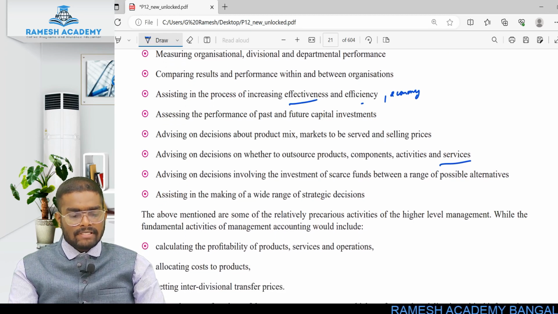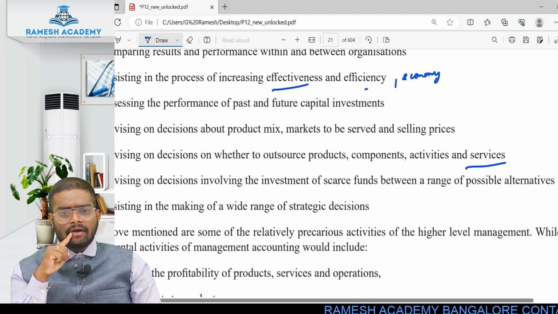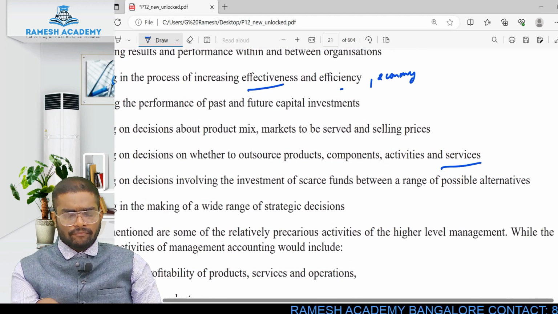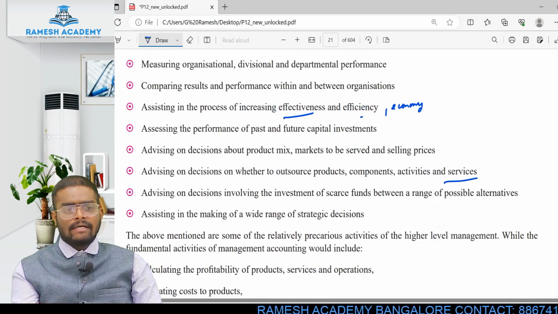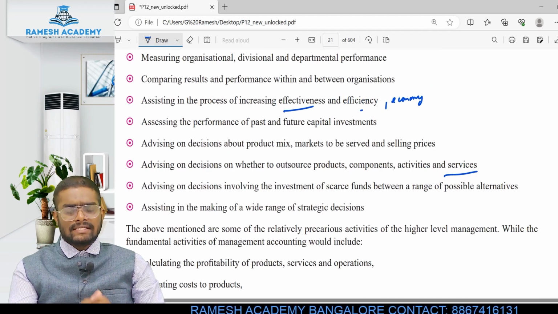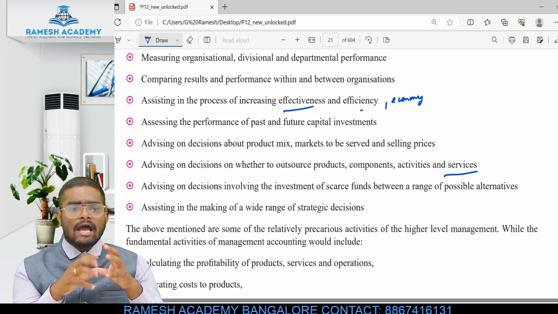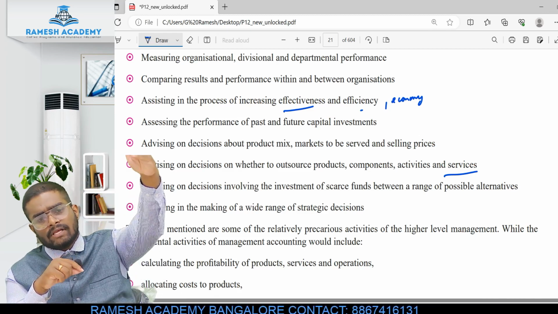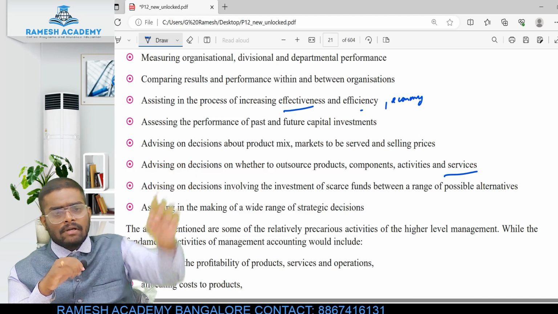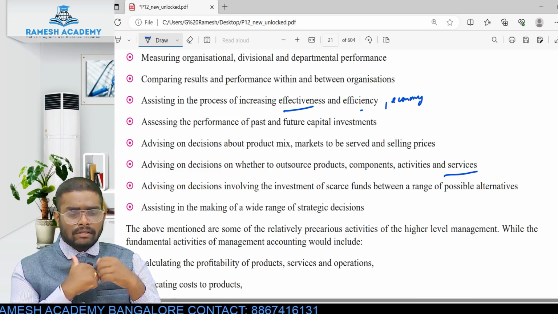Next we have advising on decisions involving investment of scarce funds between a range of positive alternatives. See, in economics we have learned that resources are scarce but wants are unlimited. So a business aspires to become big, to be number one, but to achieve that we must have resources, no?